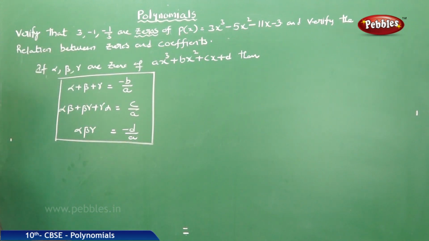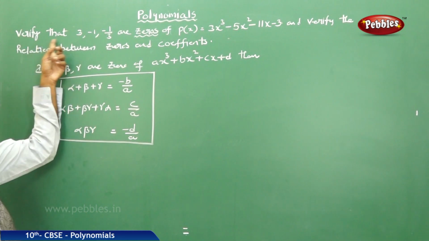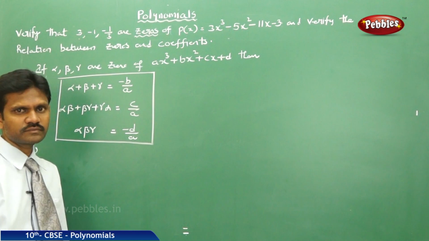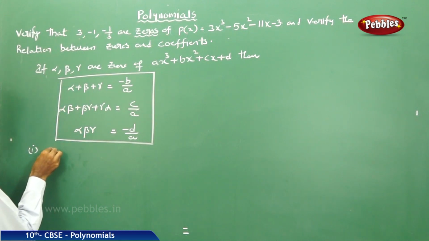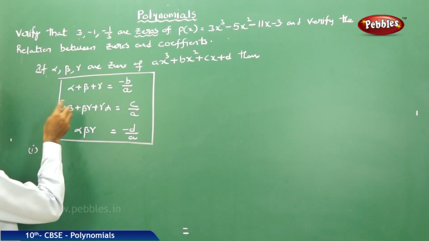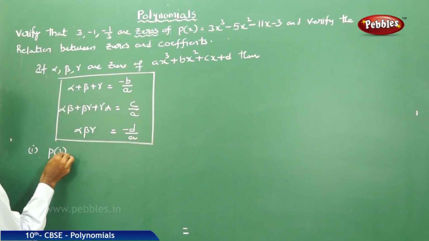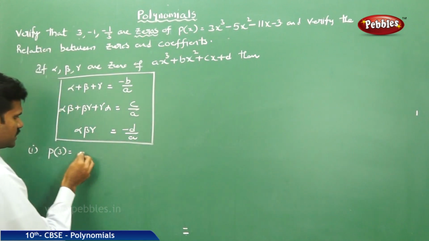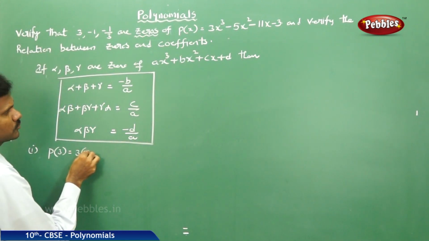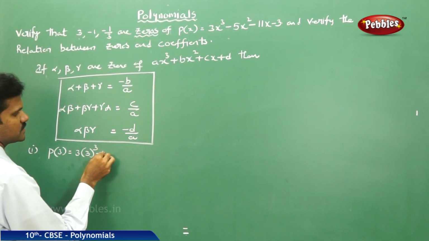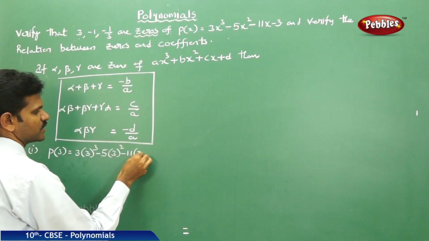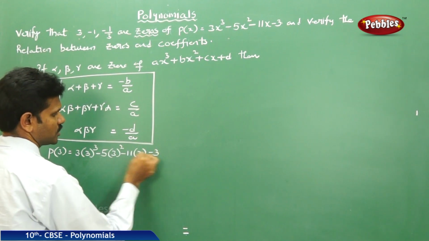Now let us see the first one. The condition number 1, verify, that means whether 3 is a zero of the given polynomial or not. Let us check. That is, p of 3 is equal to, in place of x substitute 3, that is 3 times 3 cube minus 5 times 3 square minus 11 times 3 minus 3.